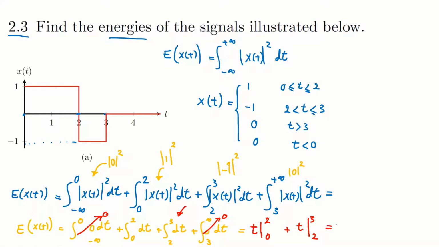This equals, I replace the value of t, 2 minus 0 plus 3 minus 2, and this equals 3. So we can say the energy of the signal represented here is 3.